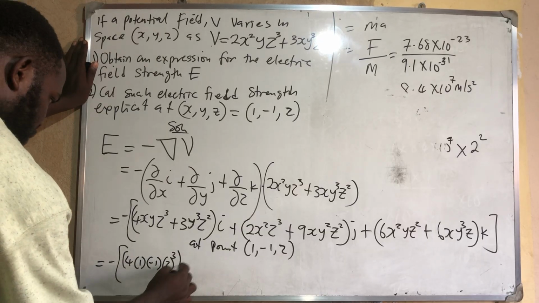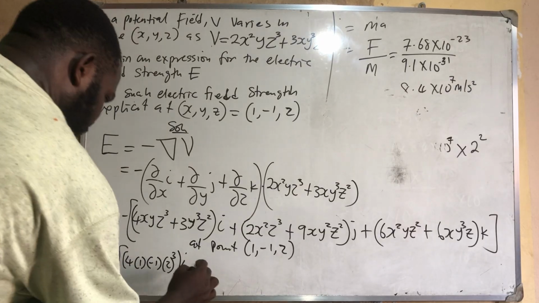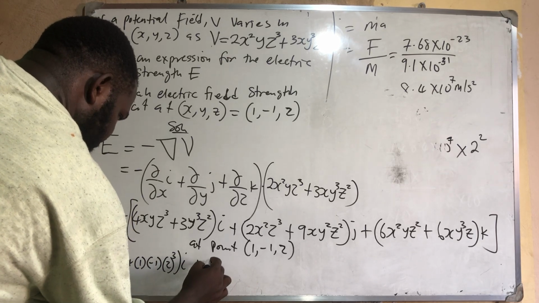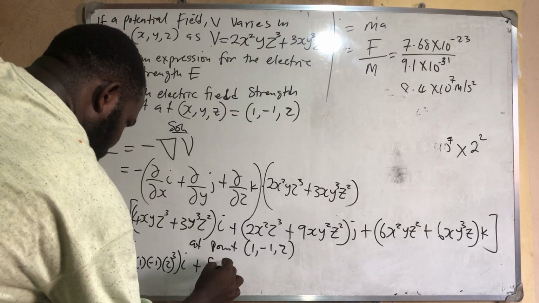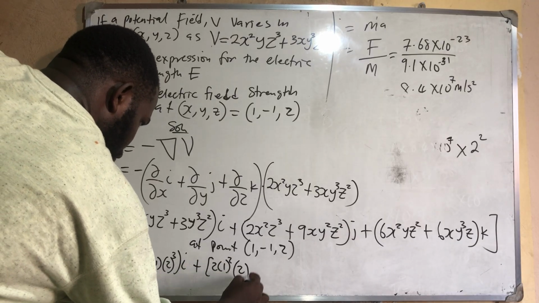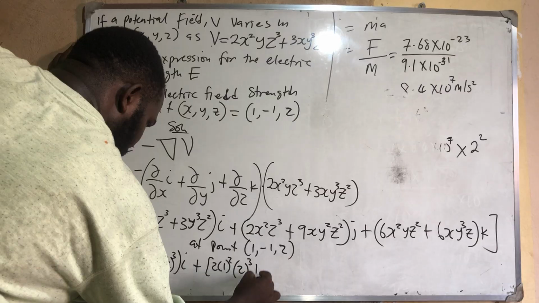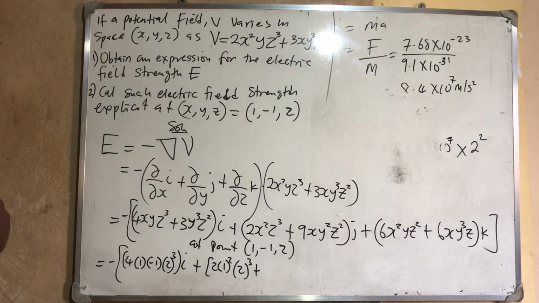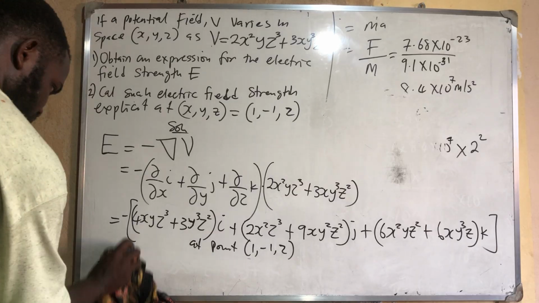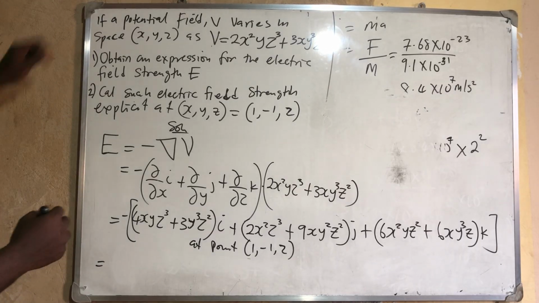You put your i plus, you go again, 2 bracket 1 squared bracket 2 cube. Sorry, I did not get that. You have to be very, very careful.